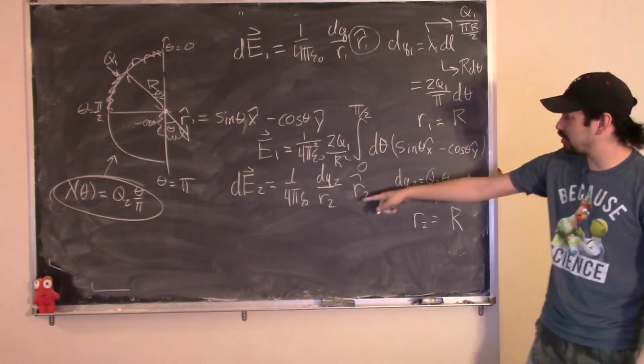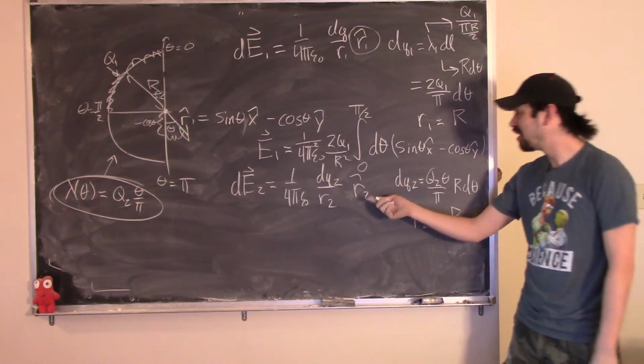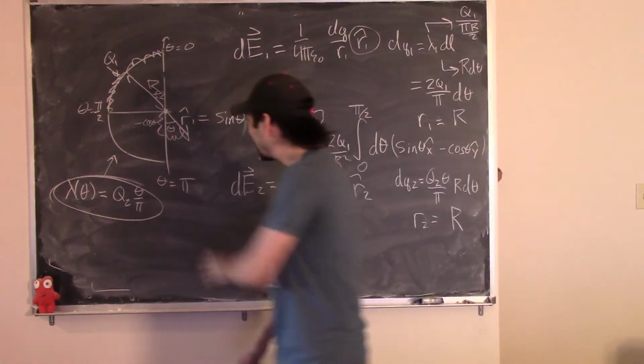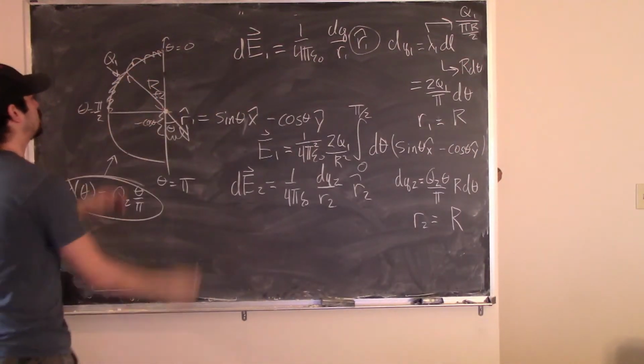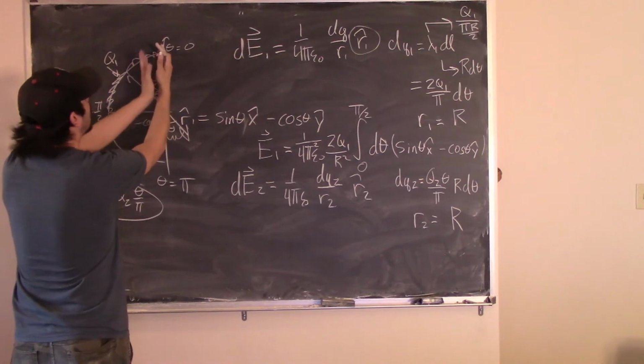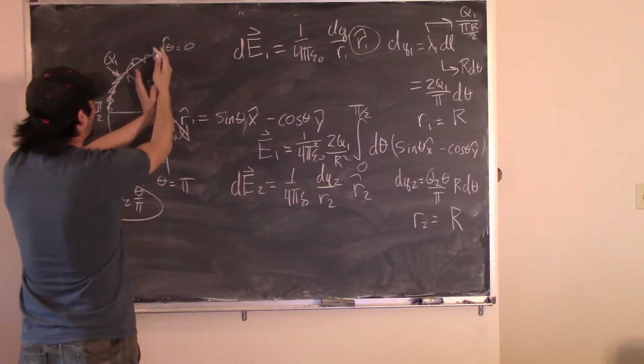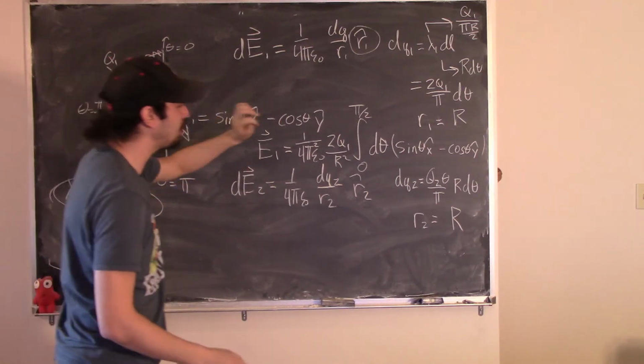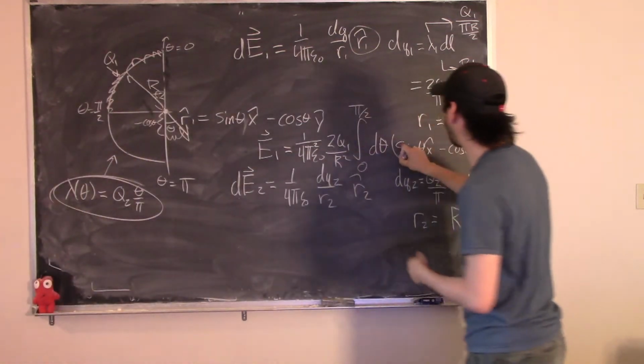Now, here's the tricky part. Defining this r hat 2. Because I'm forced to define my angle relative to the positive y-axis, this r hat 2 is actually the same thing as r hat 1.